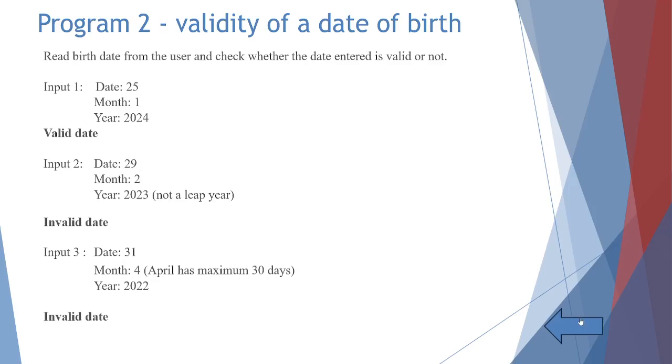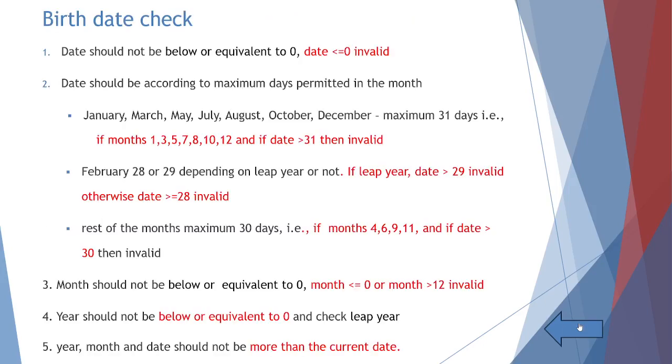Now we need to understand, first of all, what are all the invalid conditions. First invalid: date should not be below or equivalent to 0. Date cannot be less than or equal to 0, if it is, invalid.